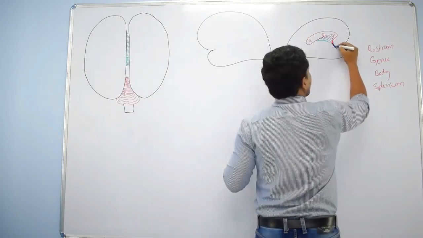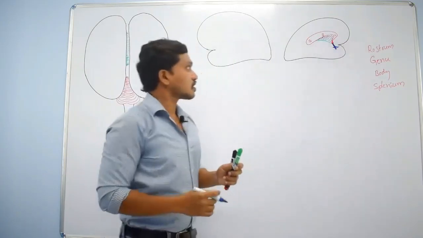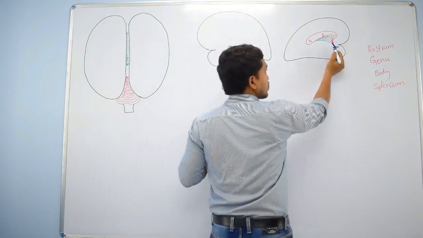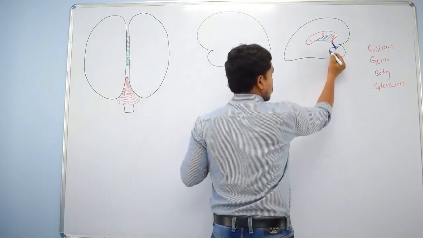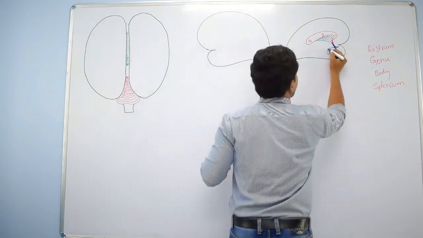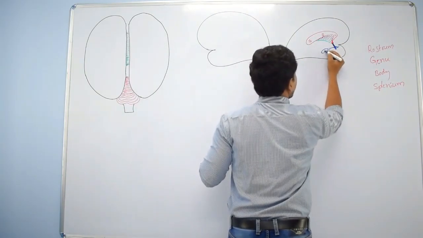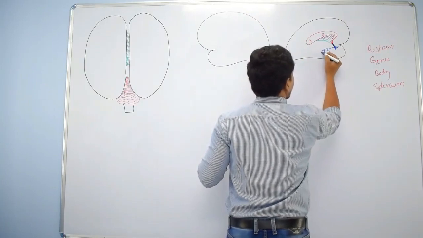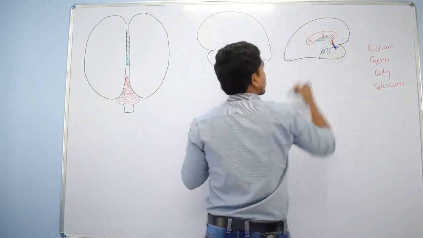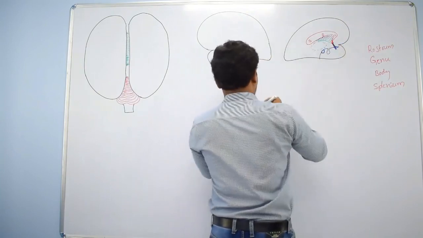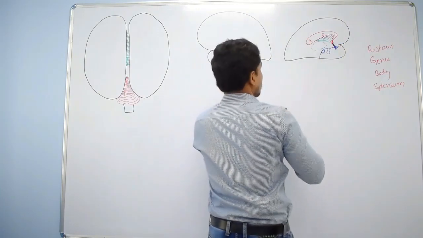This is the optic chiasm. Then behind the optic chiasma you can find the pituitary gland. Then the mammillary body. Here you can find the mammillary body. This is the thalamus. I will draw with another color.